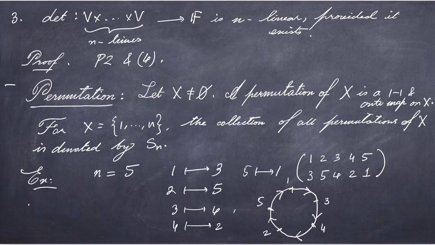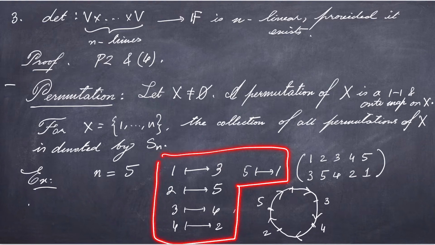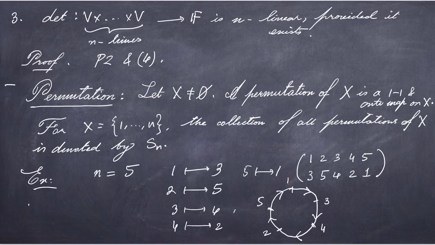For permutations, it's customary to use a very special notation. Instead of writing like this, of course we can write it, this is a very general notation. Instead of writing this, we would simply use this array notation.